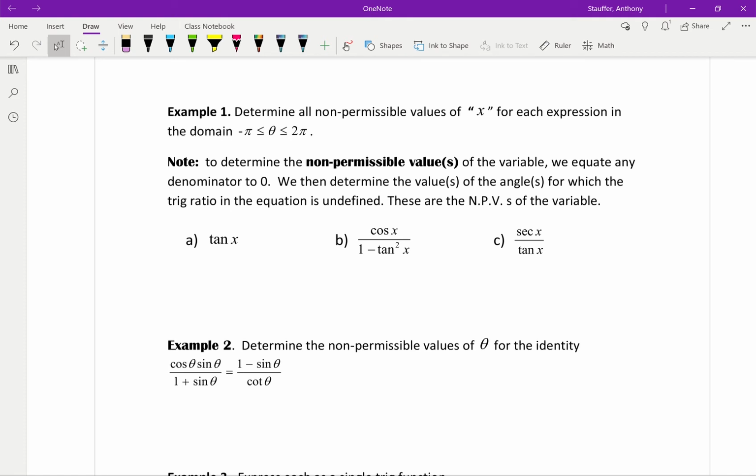So when we're looking at these non-permissible values, where do these not exist? So tan, if you guys remember from before, for our tan, we said that cos x cannot equal 0. So all I need to do is figure out where is cos x equal to 0.